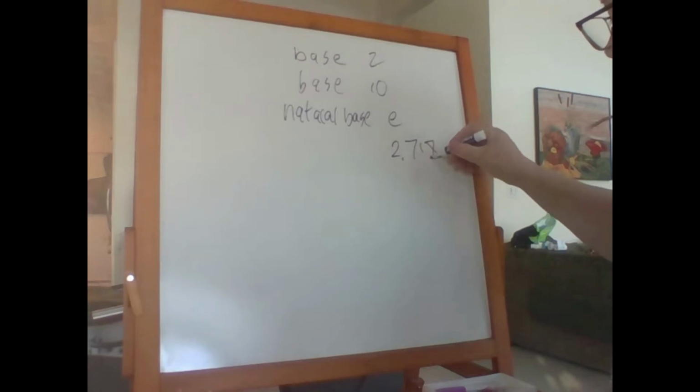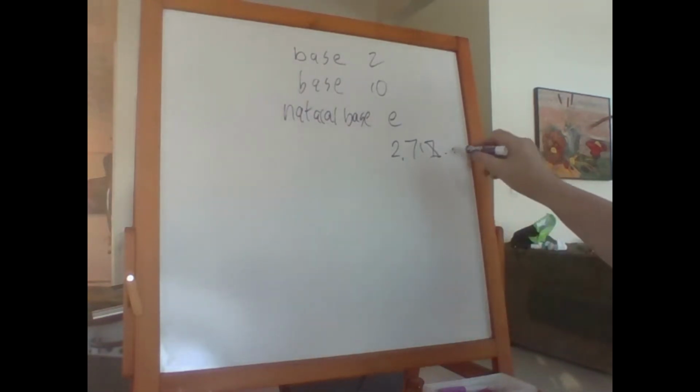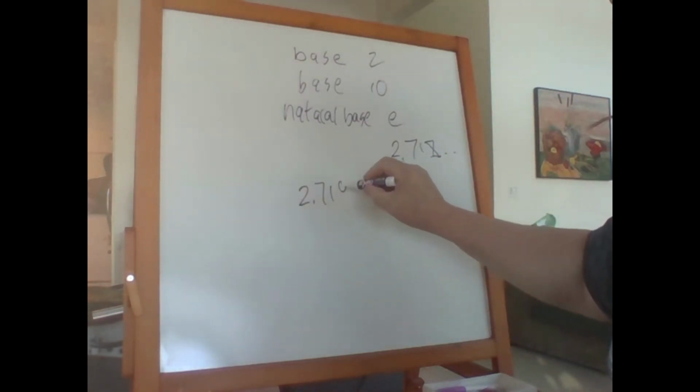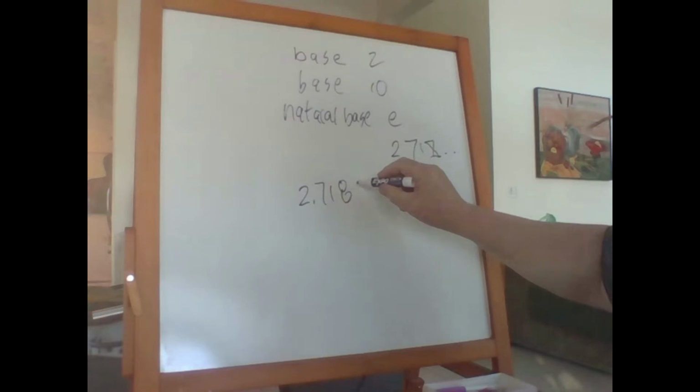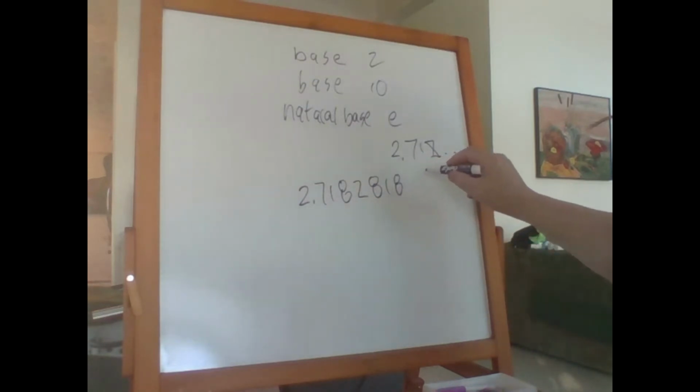So that's 2.718, 2818, it just goes on, 2818, 284590, blah blah blah.